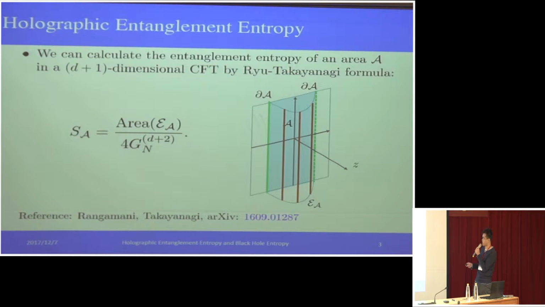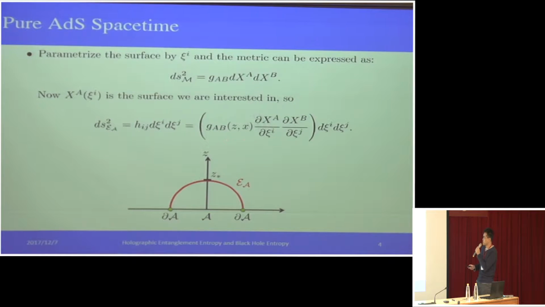Okay, here's the method by which we calculate the entanglement entropy. The main problem is how do we calculate this area and guarantee that this surface is a minimal surface. Given the metric in the bulk, our ADS spacetime, we have a general metric here.